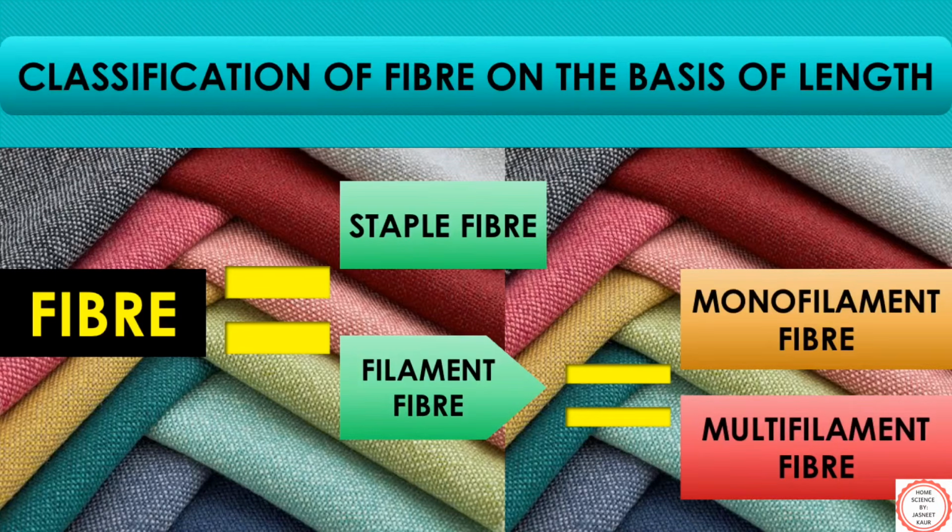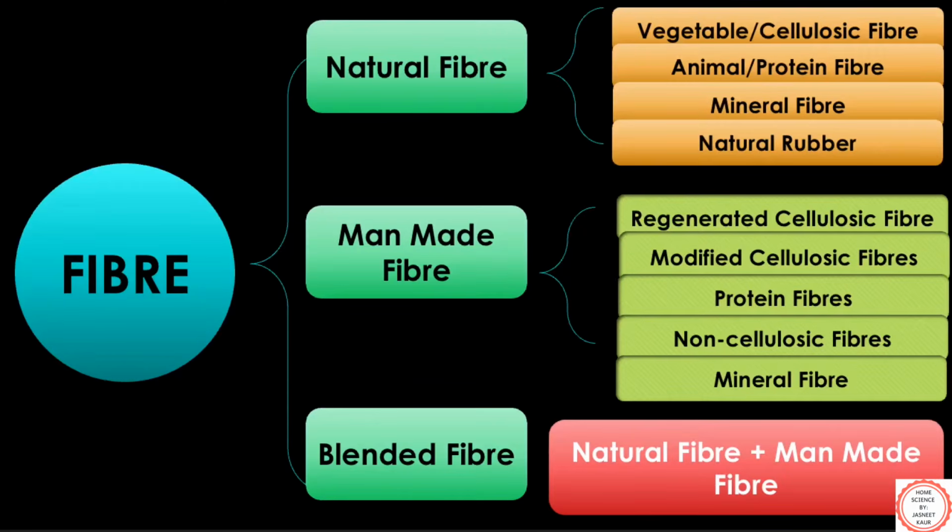Filament fibers are further divided into two categories, monofilament and multifilament fibers. Classification of fibers on the basis of origin was categorized into natural fiber, man-made fiber and blended fiber.